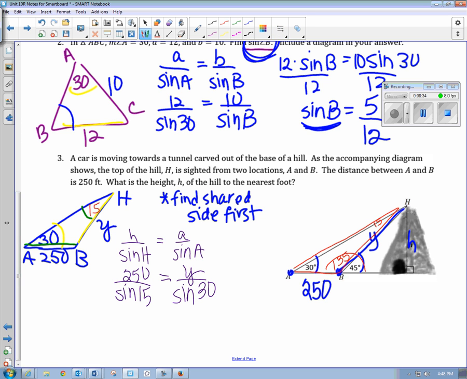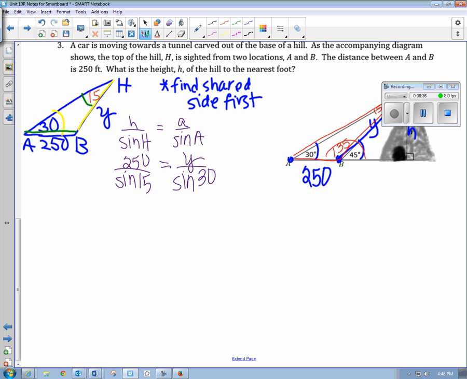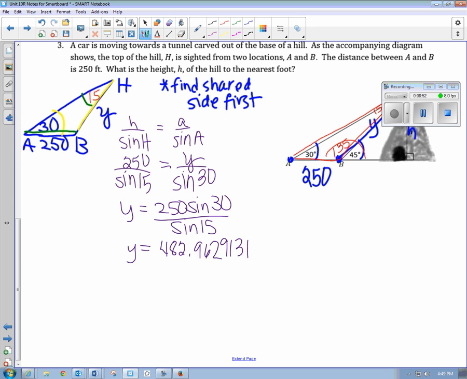And then I'm going to cross multiply and solve. When I cross multiply, I get 250 sine 30 divided by sine 15. And I find out that my shared side is 482.9629131. That was, keep in mind, just the shared side.